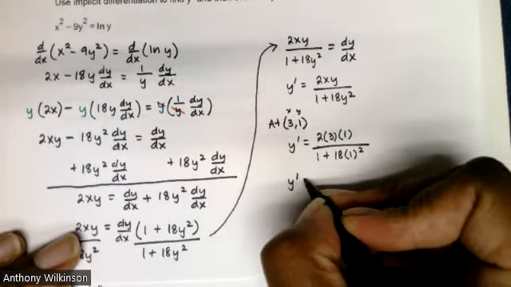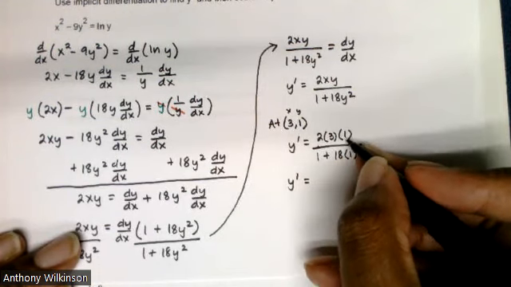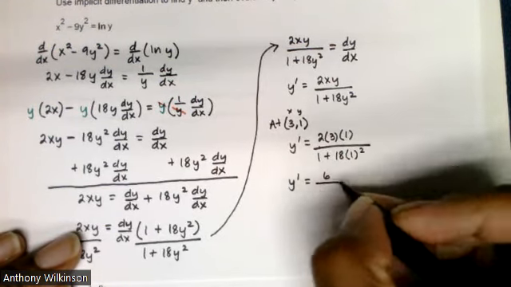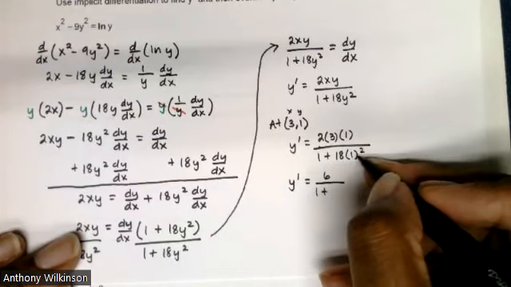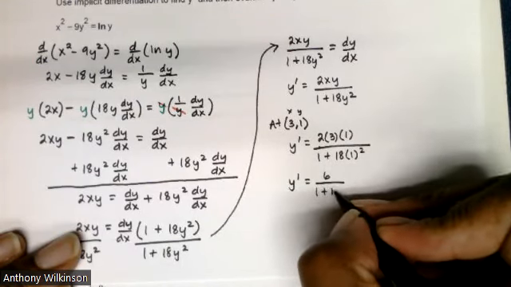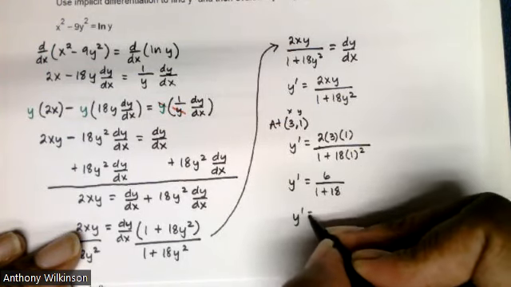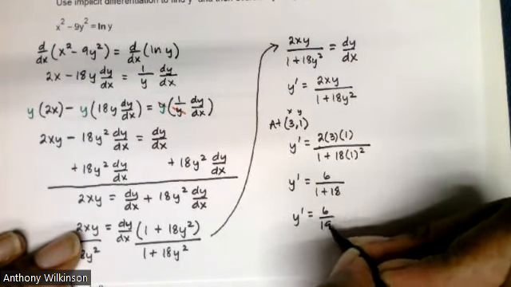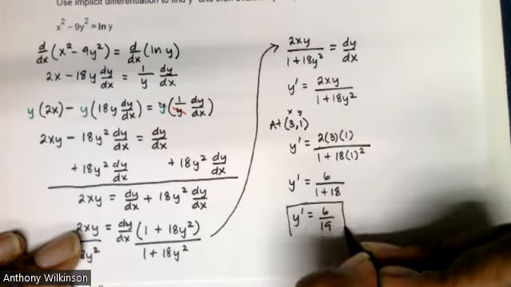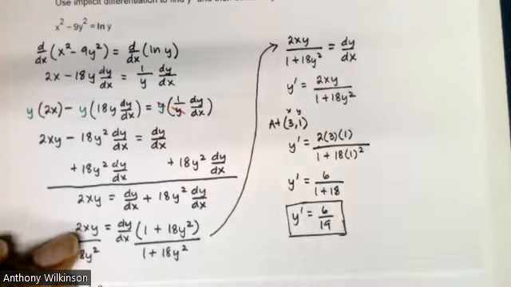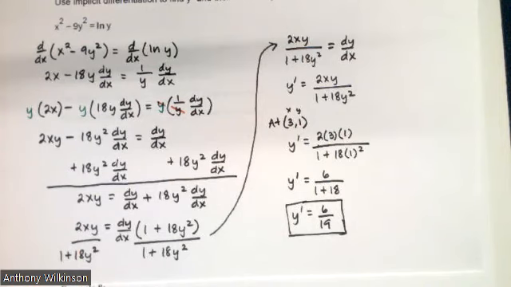So here y prime is this 2 times 3 is 6 times 1 will be 6, divided by 1 plus 1 squared will be 1 times the 18 will be 18, and then 1 plus 18 will be 19. So y prime ends up being 6 over 19. So that is what y prime would be at the point 3, 1, when we found out that y prime is equal to 2xy divided by 1 plus 18y squared.